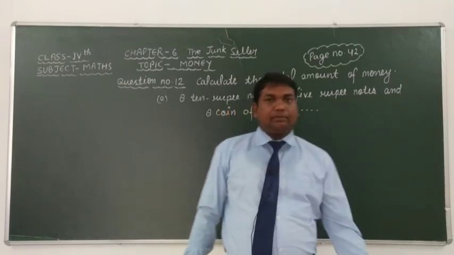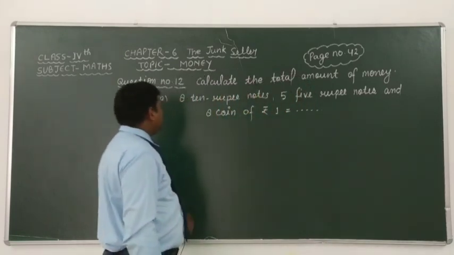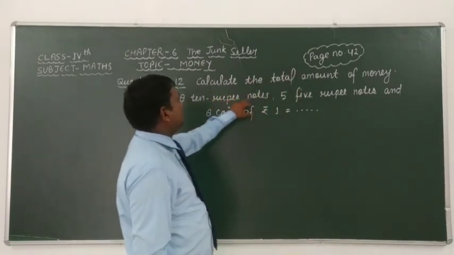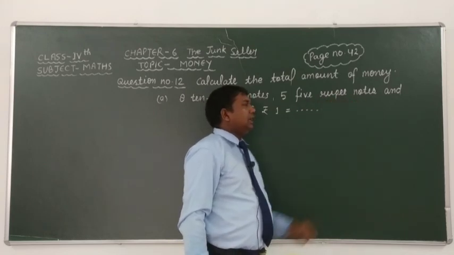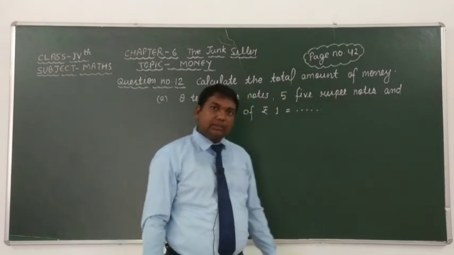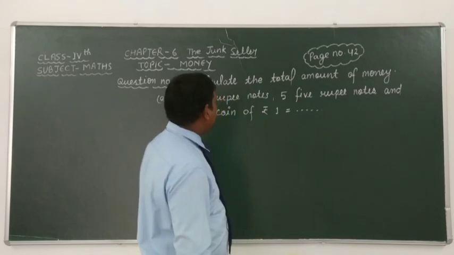Okay students, look at here carefully. In this question we have to add 8 10 rupees notes, 5 rupees notes, and 8 coins of rupee 1. Understand? So look at here carefully.